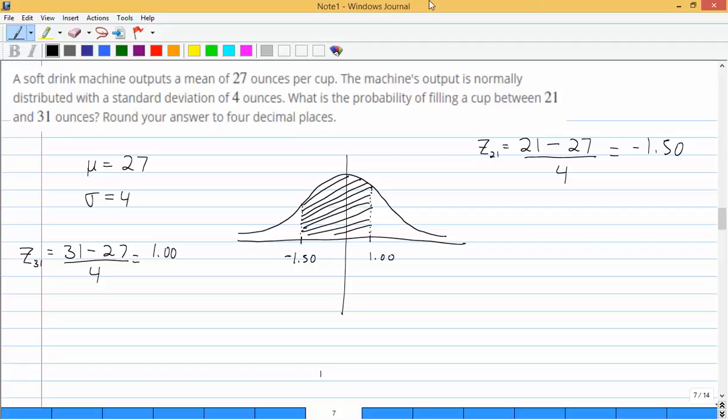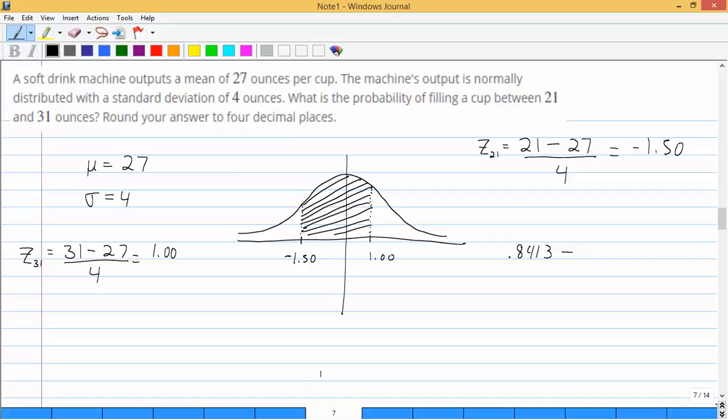Okay. Easy enough. So let's go to our table C, 1.00, 0.8413. So 0.8413 minus, go to negative 1.50.